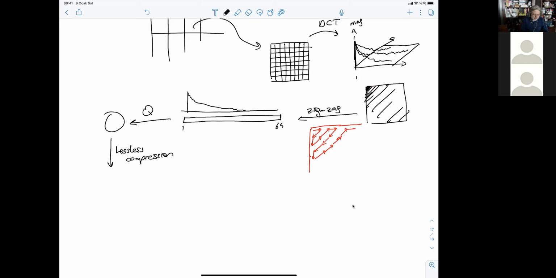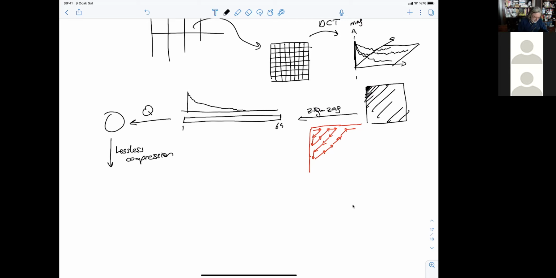So it can be Huffman coding, it can be arithmetic coding, whatever you may have. It's typically Huffman coding because arithmetic coding is copyrighted for most commercial purposes. But whatever, we have this lossless compression.